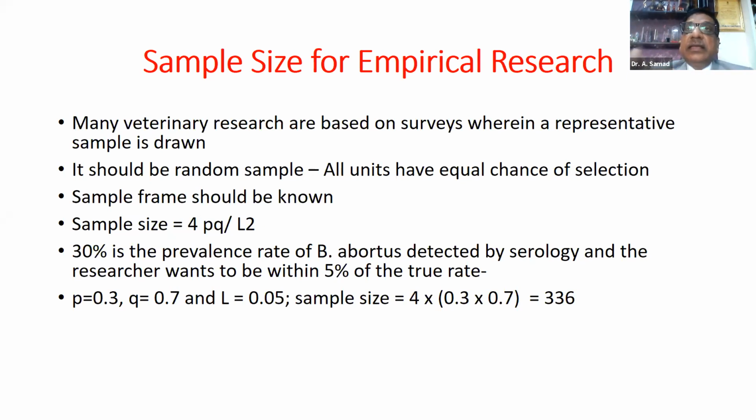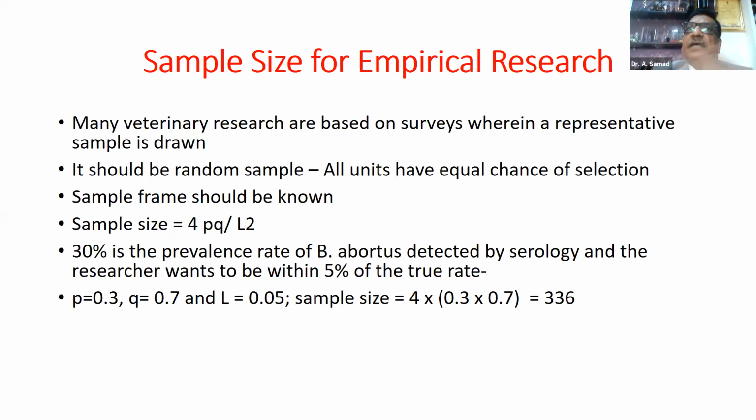And in that population, if I want to find out if there are cases of Brucella on a serological basis, the calculation says that I'll have to collect 336 animals from the population, to be sure, within 5% assurance, that my error margin is not going to be more than 5%. I'll have to select 336 cases. So this is how you have to arrive at a sample size.